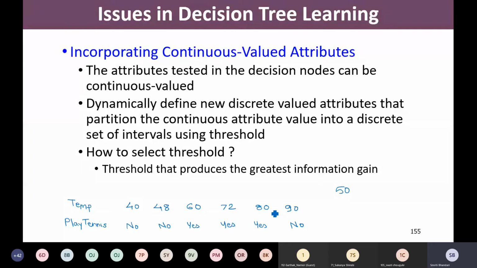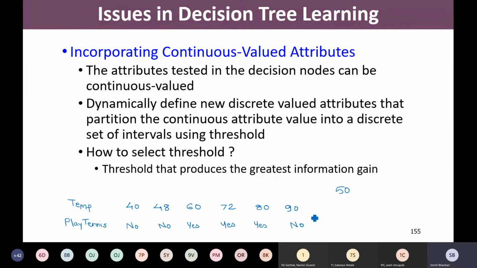And practically, how are we going to do that? Say, for example, whatever continuous values we have, we arrange those values in ascending order. So 40, 48, 60, 72, 80, 90. These are the values arranged in ascending order.